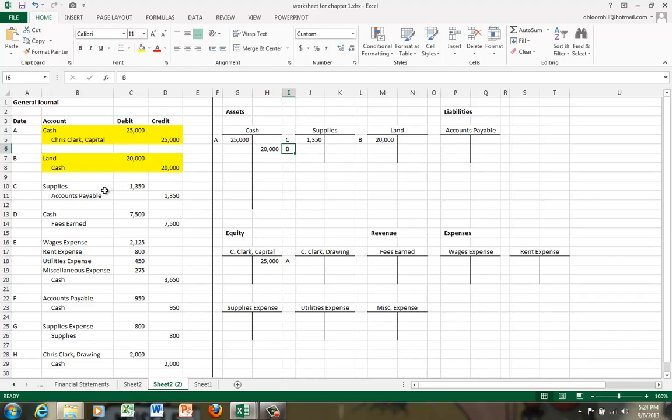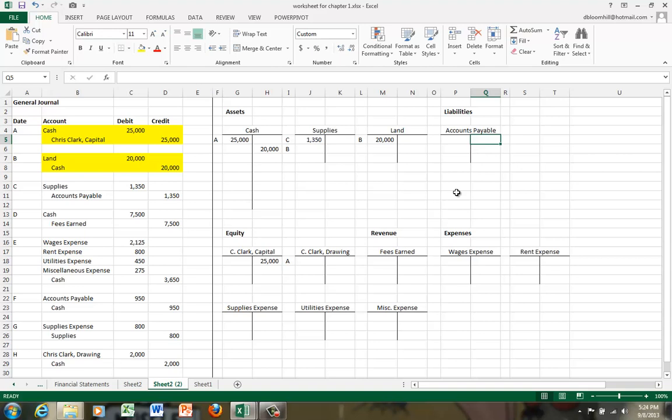Now we've only posted half of that transaction, so we have to go to our accounts payable account. That's in the liabilities. Second line of transaction C is instructing us, go to the accounts payable T. The amount is $1,350, but this time it's in the credit column.